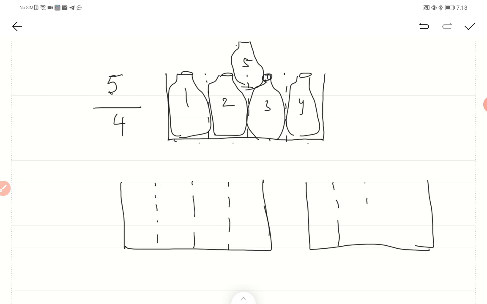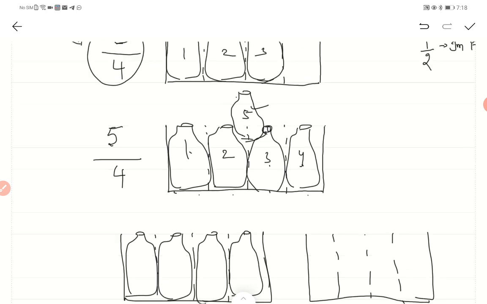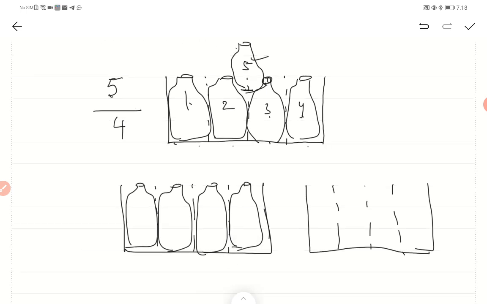So in this one all 4 are occupied like this, 1 2 3 4. And this one bottle which is extra, you cannot put it like this, it will fall down. So you will take one more case and put that in the second case.